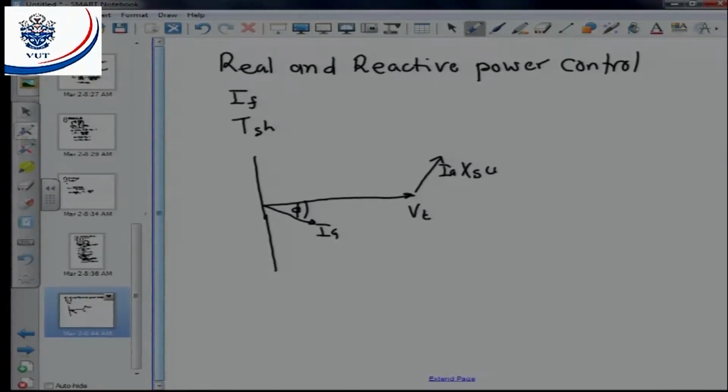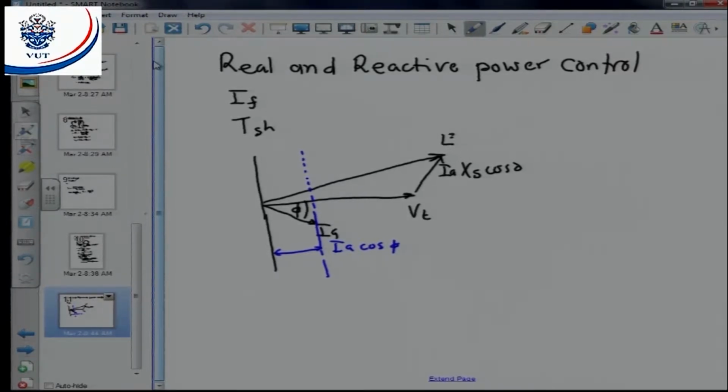IA XS cos phi. That is the induced EMF. Now if we have a constant power, that will be the loci of IA cos phi, which is this value here, IA cos phi. For a constant power, that will remain the same.